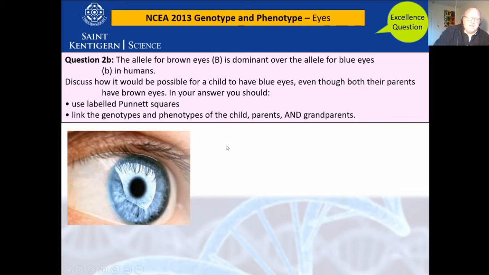So the child has to be little b. And for the child to actually get a little b from the mom and a little b from the dad, it means that they have to be heterozygous, which means both parents have big B, little b. They cannot have big B, because the moment one can only give a big B, then it's a problem.